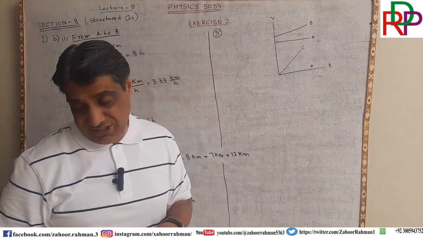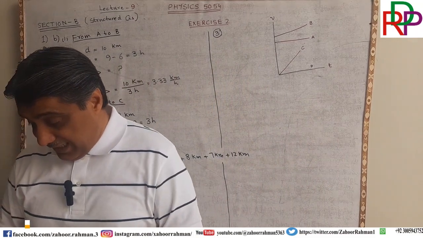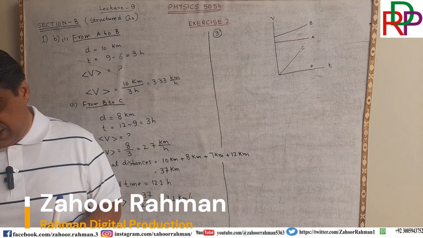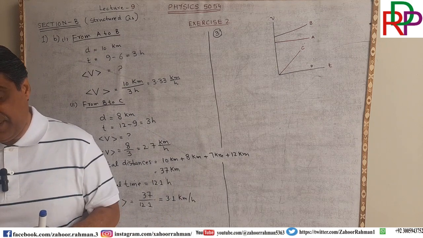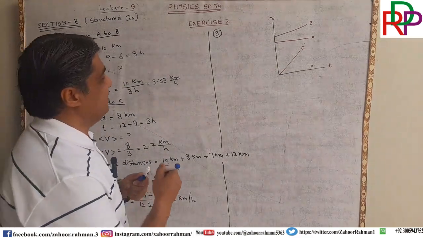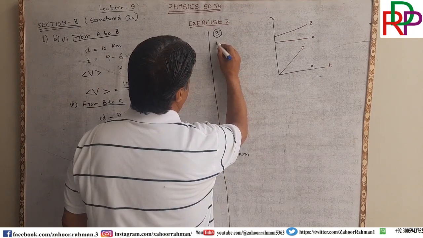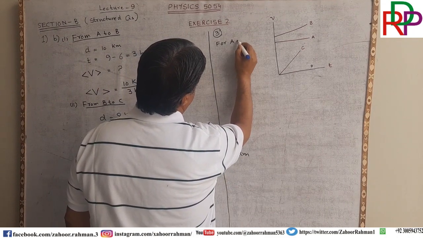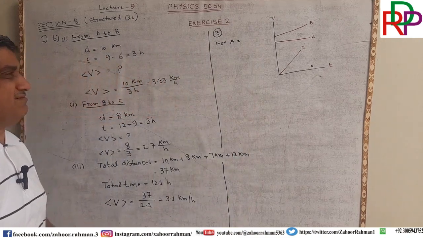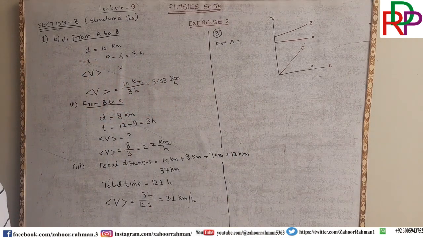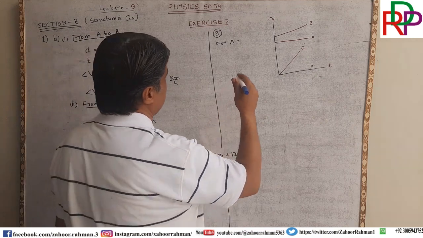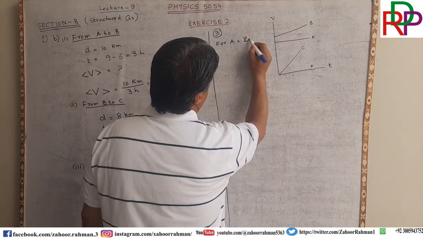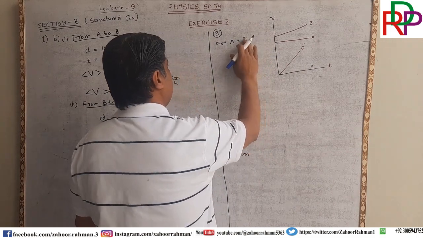They are saying to describe the motion of these four particles. For A, we are writing motion for A, that is constant, that is zero acceleration. Constant velocity, I should say.